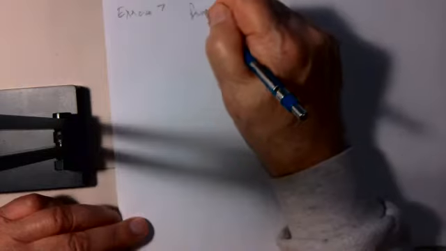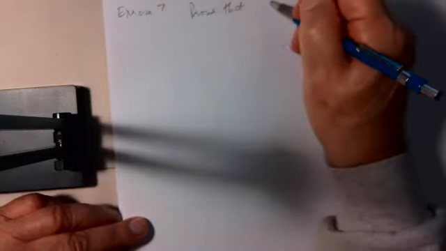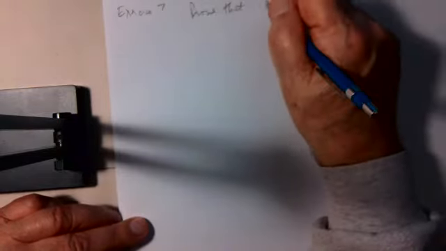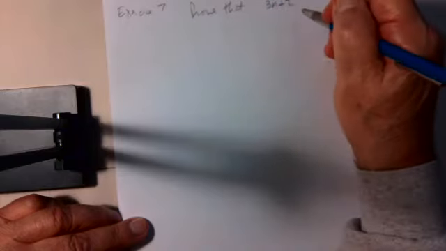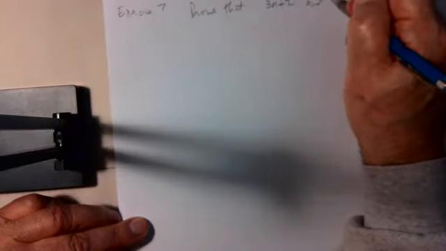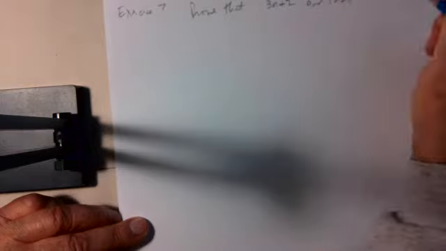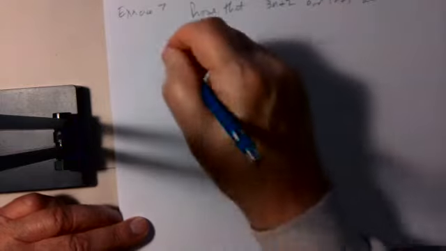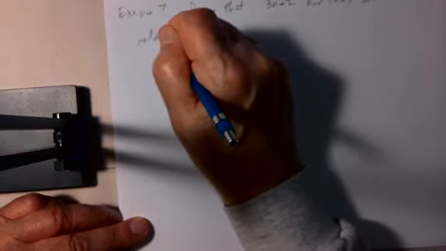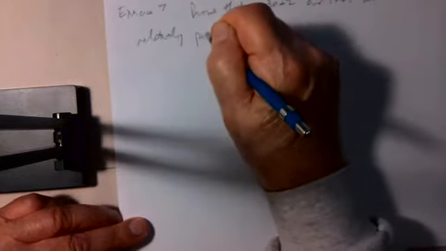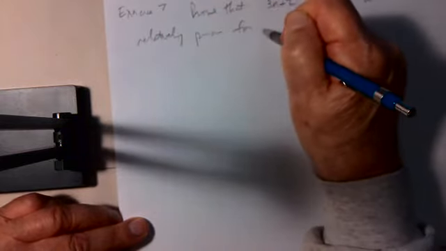Prove that the numbers 3n plus 2 and 5n plus 3 are relatively prime for all n.